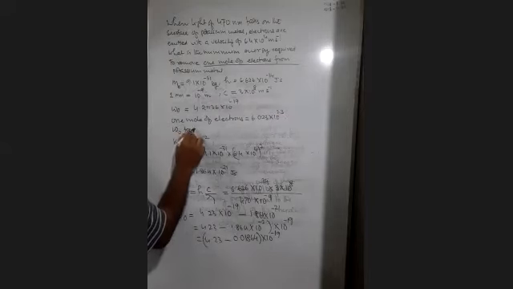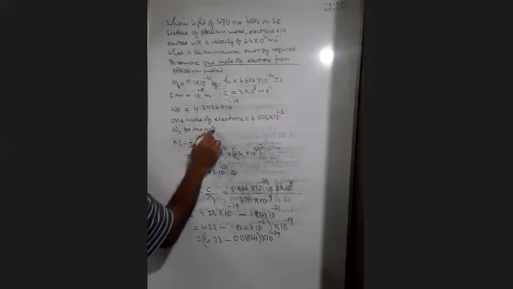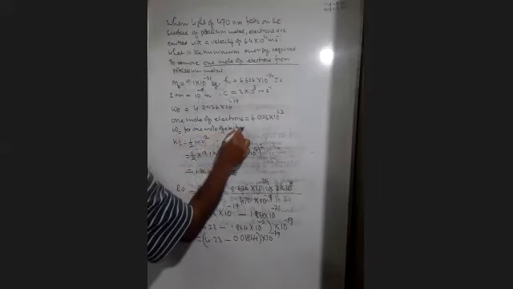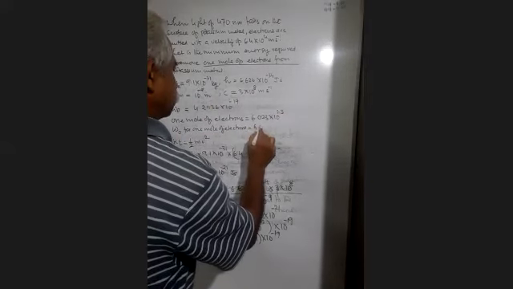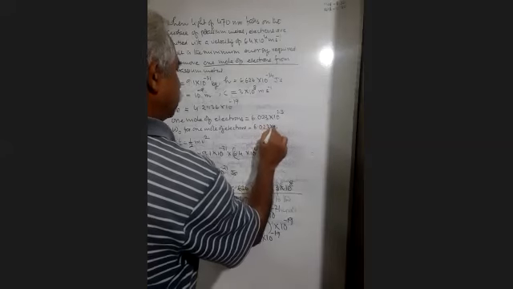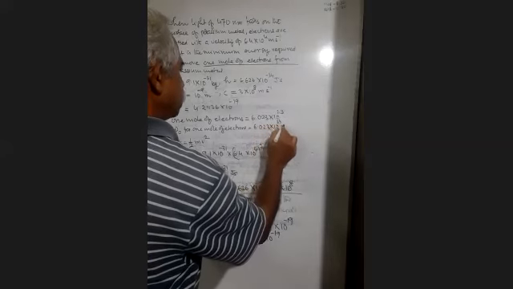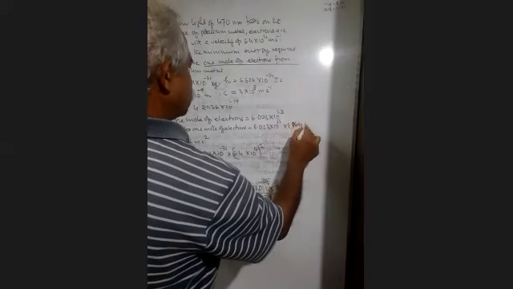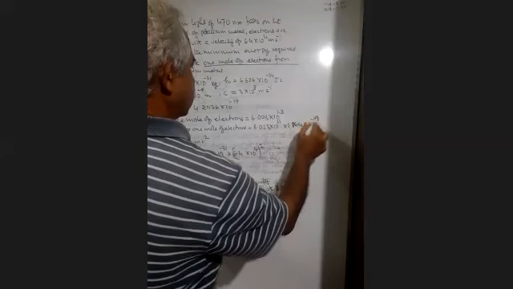So what can you write? W0 for 1 mole of electron equals 6.023 into 10 to the power 23 into 4.2136 into 10 to the power minus 19.